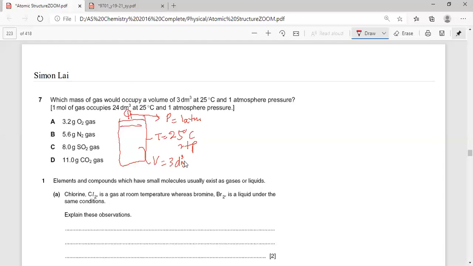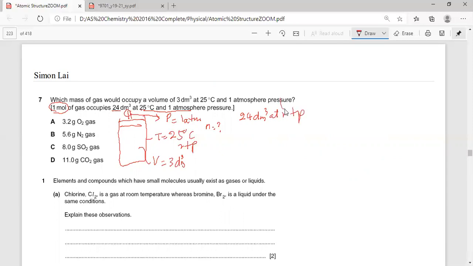You don't know the mass. Now, with these 3 things, can you find the number of moles? Of course you can. But you don't need to find the number of moles in a sense. It's quite simple, because remember these conditions: 25 degrees, 1 atmosphere is occupied by 1 mole, and 1 mole has a volume of 24 dm cube at RTP.